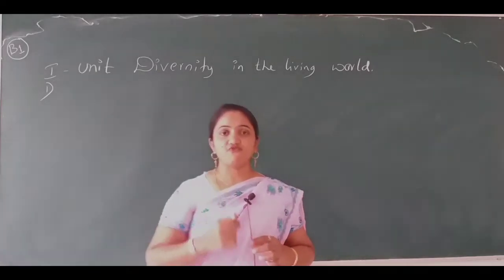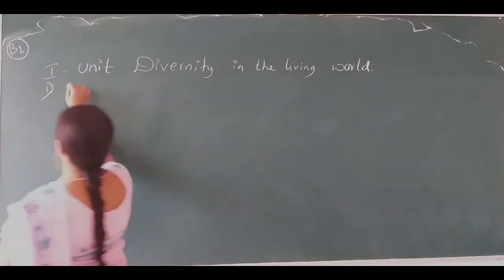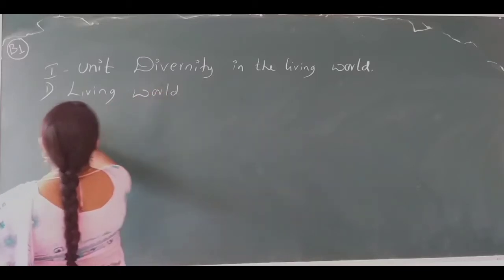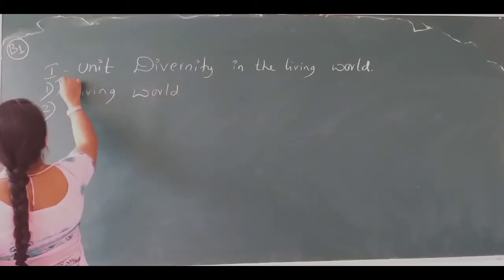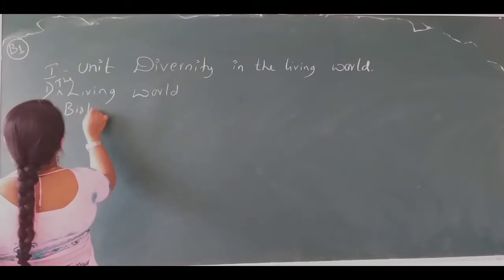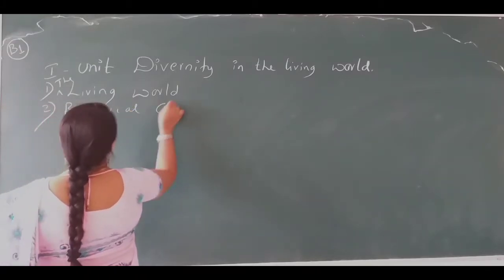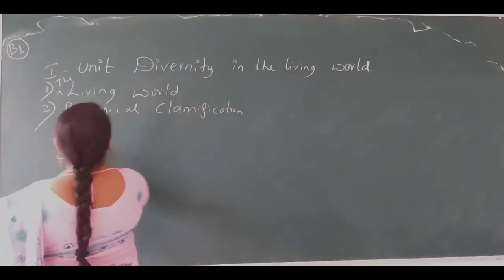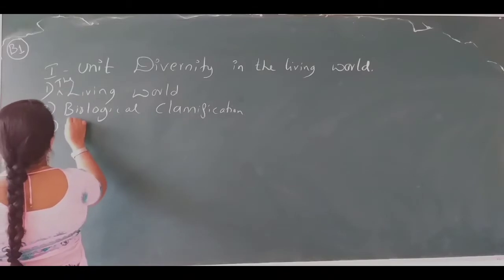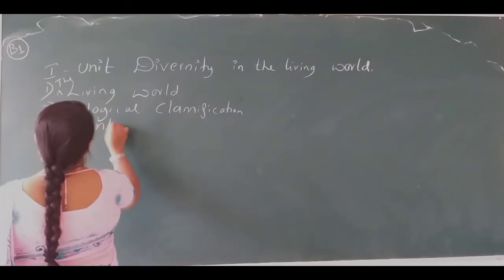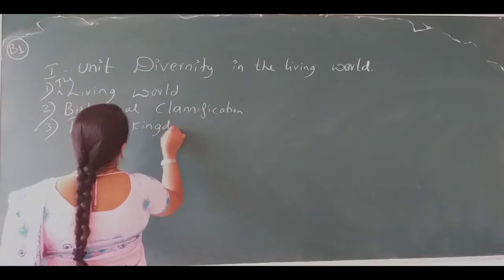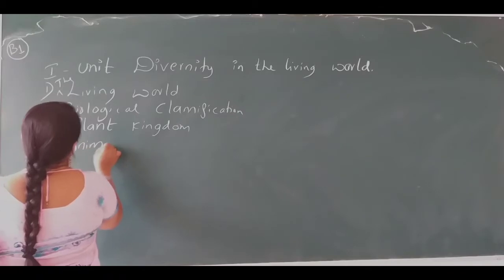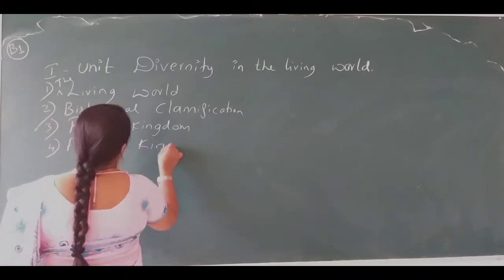This unit consists of 4 chapters. The chapters are the living world, the second one is biological classification, the third one is plant kingdom, and the fourth is animal kingdom.